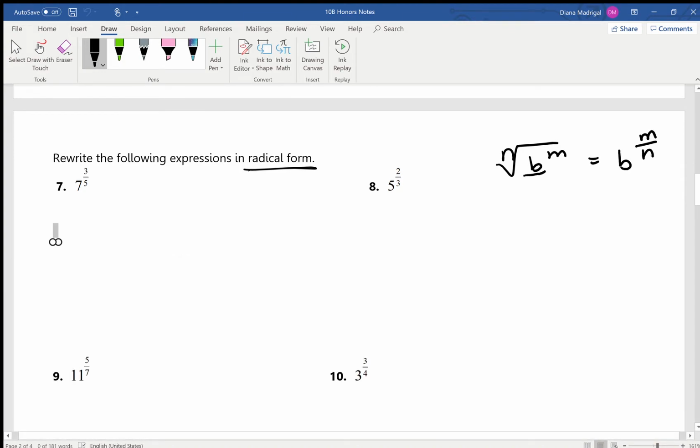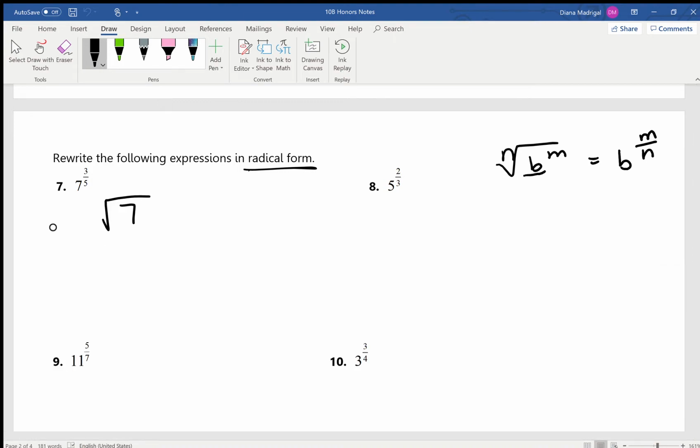Okay. So notice how we have only one base. So you could write 7, the radical. What's it switching? All right, so 7 and the radical is inside the radical. And the number on the bottom goes on the number on your radical. I call it a little house. Inside the house. See that? So inside the little house is 5.